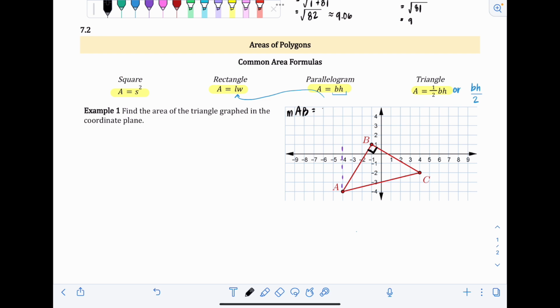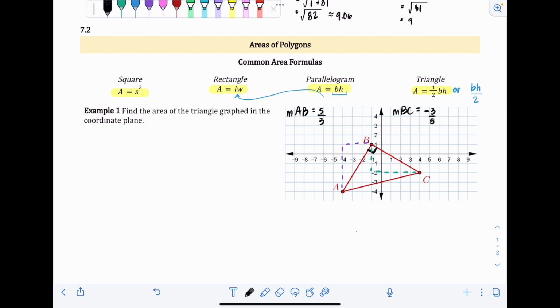So my rise is 5, and then my run, I'm going to the right 1, 2, 3 to go from A to B. So my run would be +3. And then we'll find the slope of BC, the other part of that hopeful right angle. For my rise from B to C, I'm going down 1, 2, 3. So my rise would be -3. And then my run, I'm going right 1, 2, 3, 4, 5. So my run would be 5.